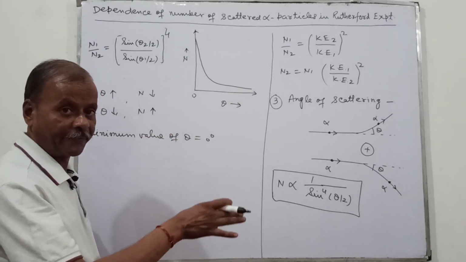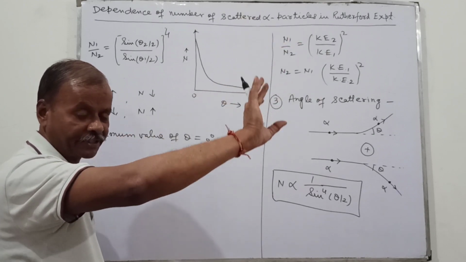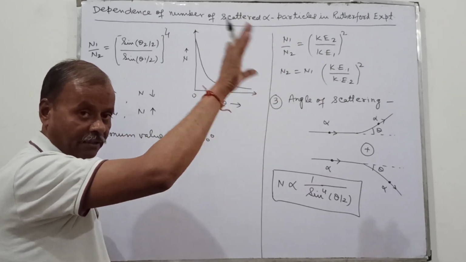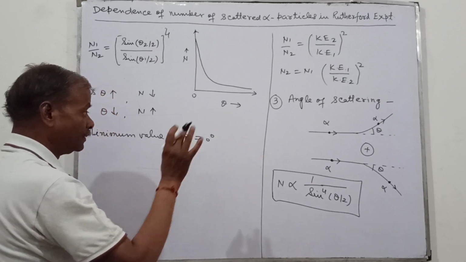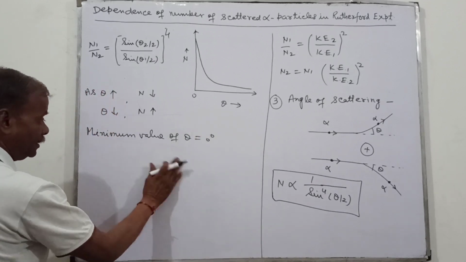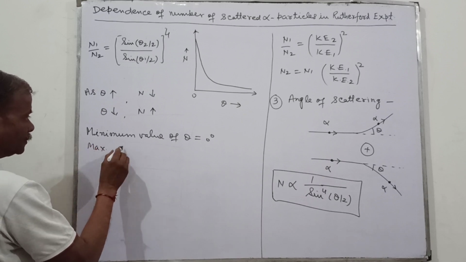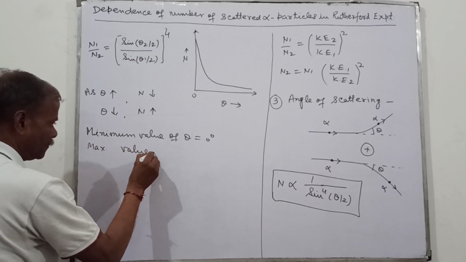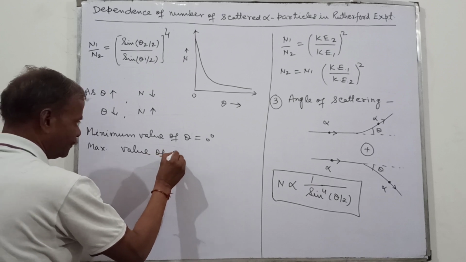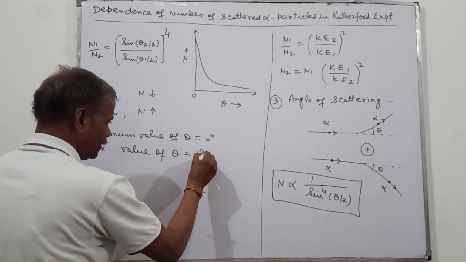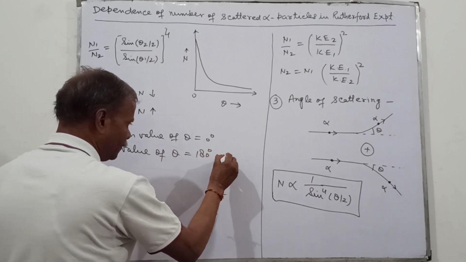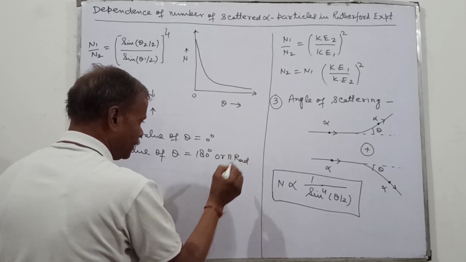It means the alpha particle passes without any kind of scattering, so they pass at 0 degree scattering. And the maximum value of theta is equal to 180 degrees or pi radians.